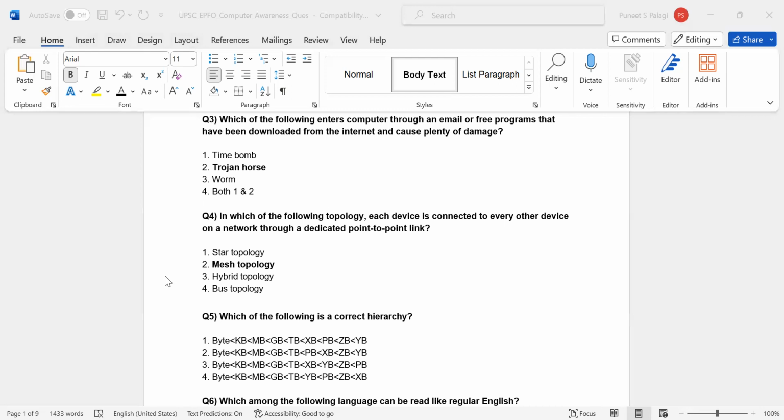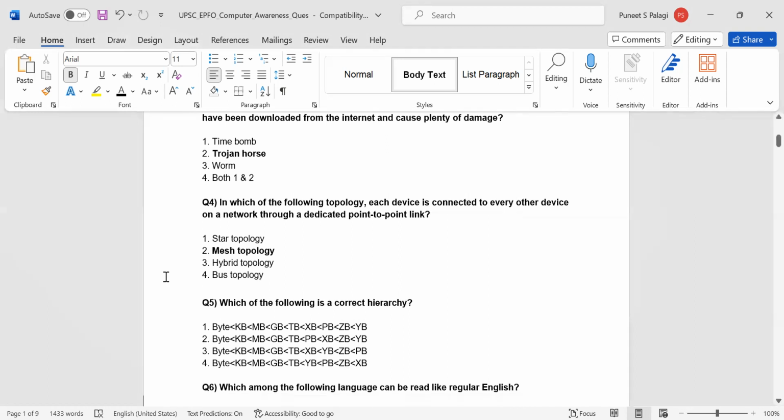So after gigabyte we have terabyte, then after terabyte we have petabyte. Then after petabyte we have exabyte. Then zettabyte, then yottabyte. So after terabyte comes petabyte. So the right answer for this is option 2.